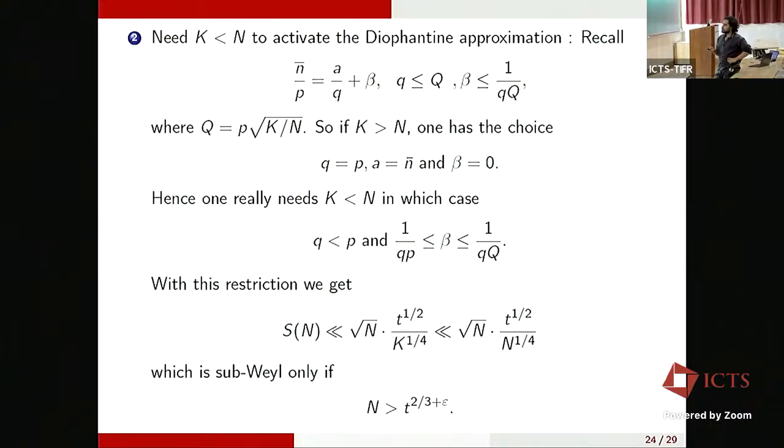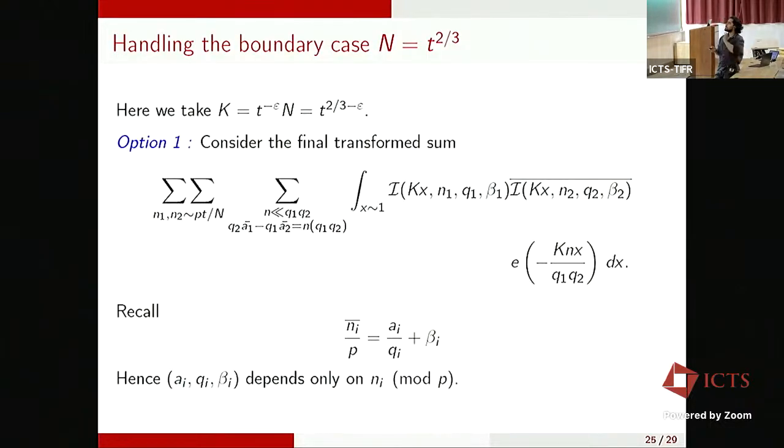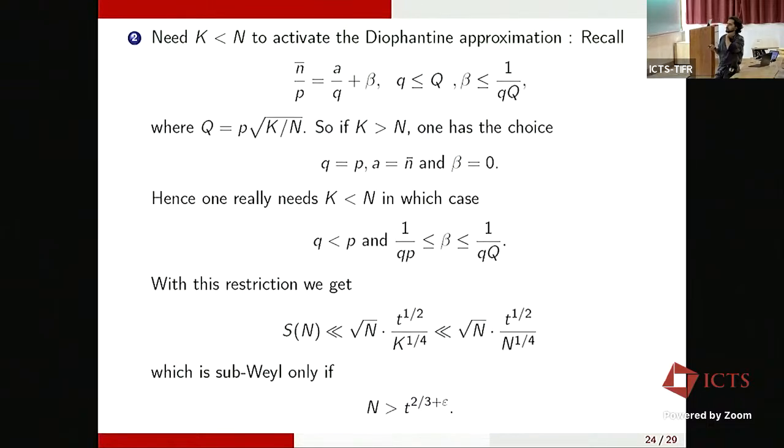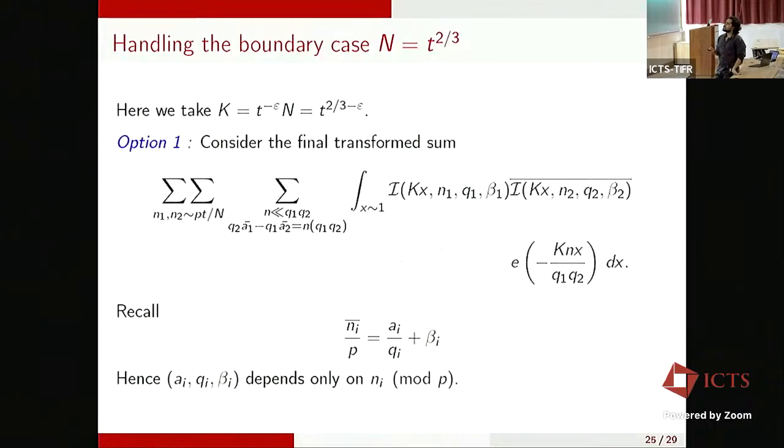So what do we do in this boundary case n equals 2 by 3? If n is slightly less than 2 by 3, then you can use the trivial bound, and that's enough to get Sub-Weyl. So the important case is when n equals 2 by 3. So in this case, k is roughly n, which is 2 by 3.